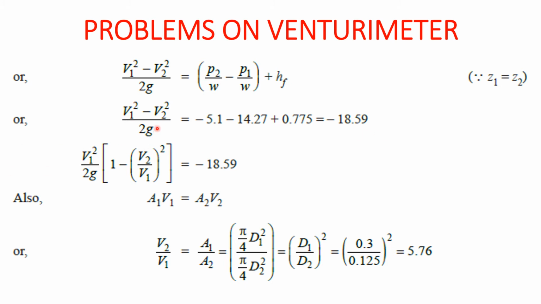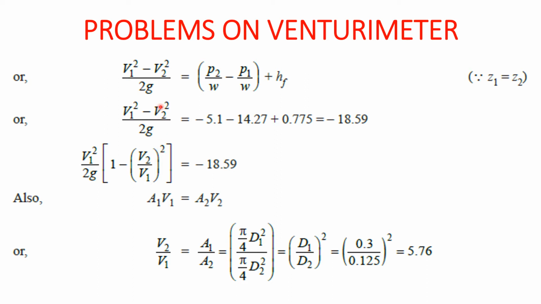Now see guys, out of this equation, V1 square minus V2 square by 2G, we take V1 square by 2G outside the bracket. In the bracket we get 1 minus V2 square by 2G divided by V1 square by 2G, so we get V2 by V1 bracket square.